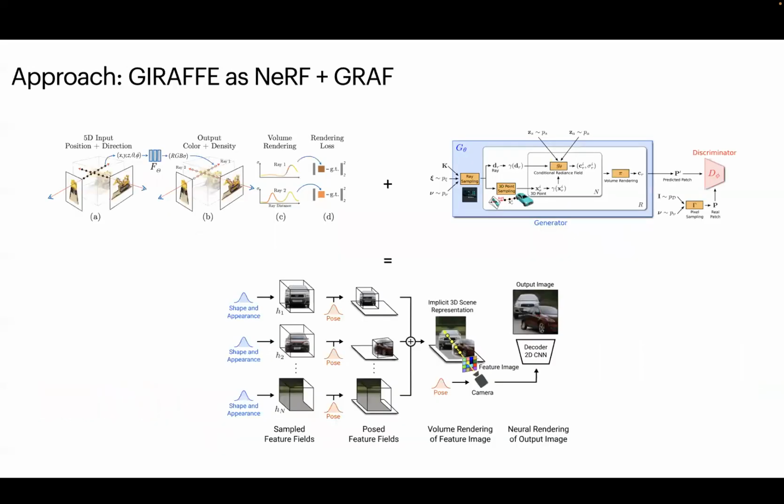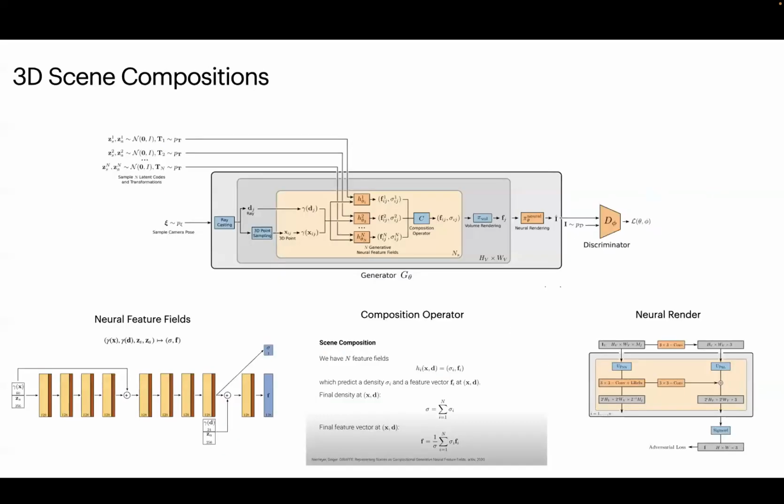And then after the feature fields, please see the bottom left part here in neural feature fields. Those four parameters would then go through the fully connected MLP, and then generate two results, which are F and the density.